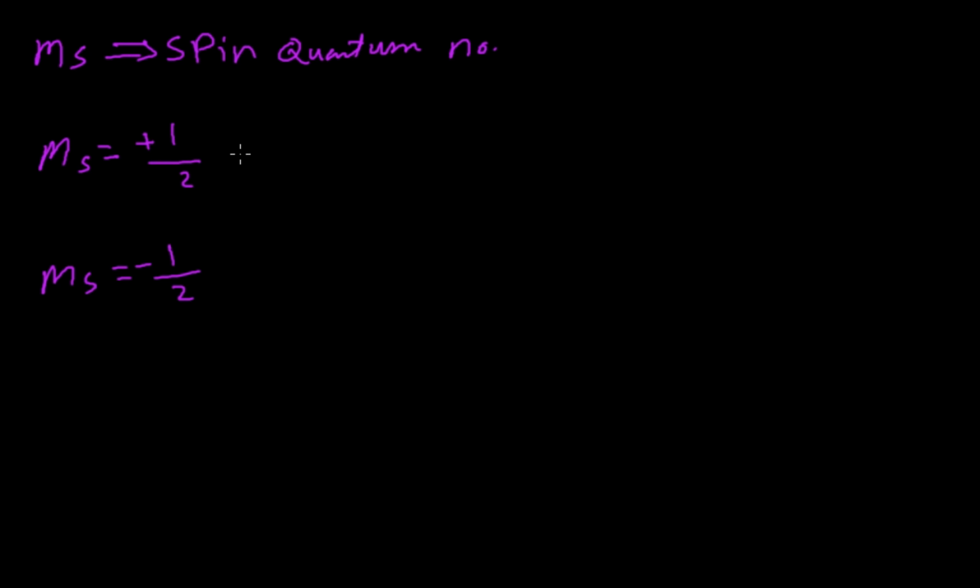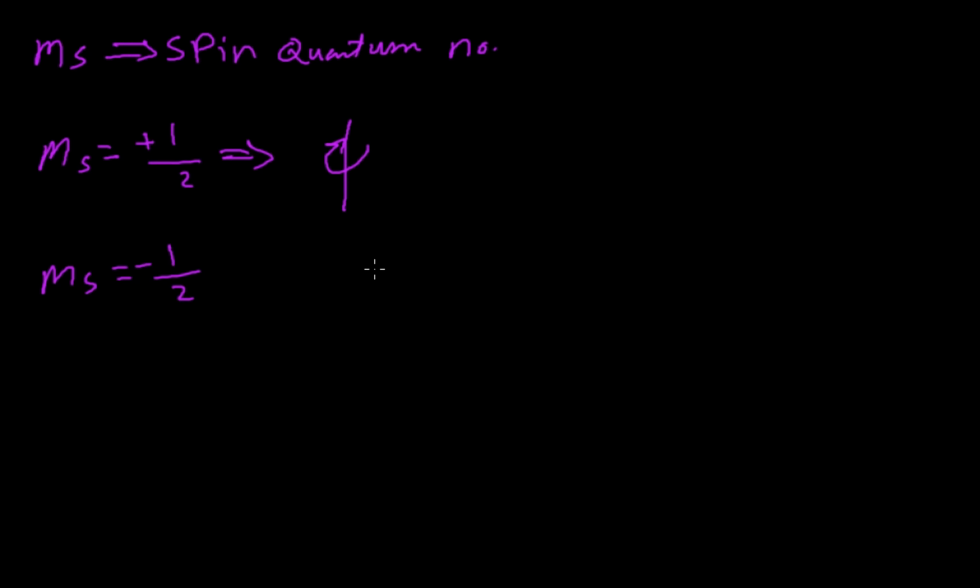A +1/2 means the spin of the electron around its axis is clockwise. So let's draw it like this. It spins around its axis clockwise.